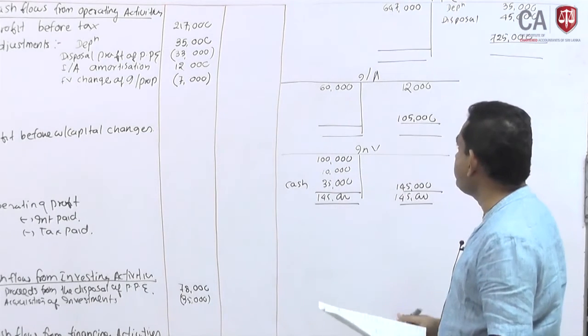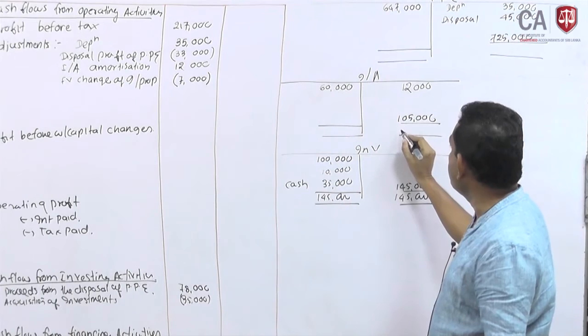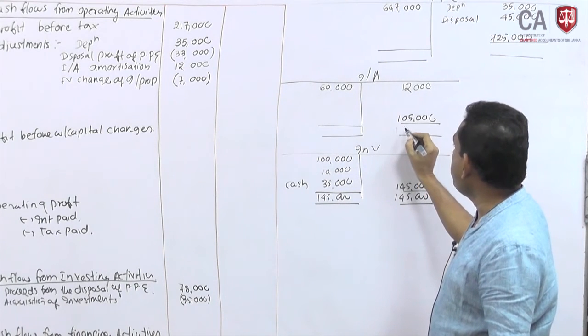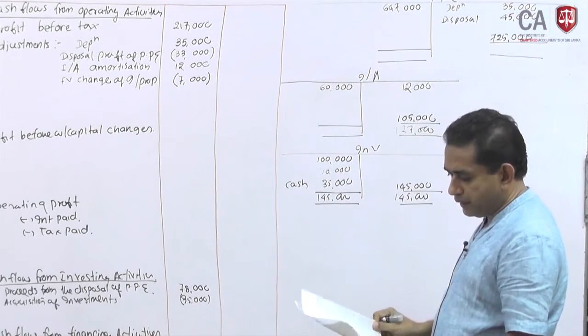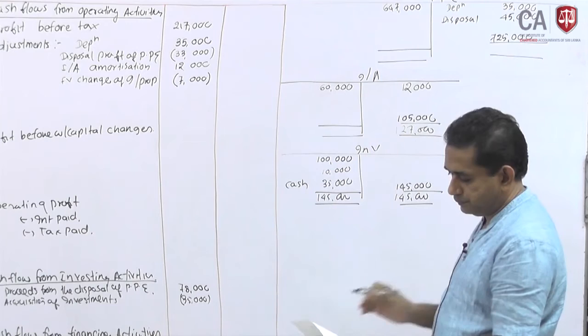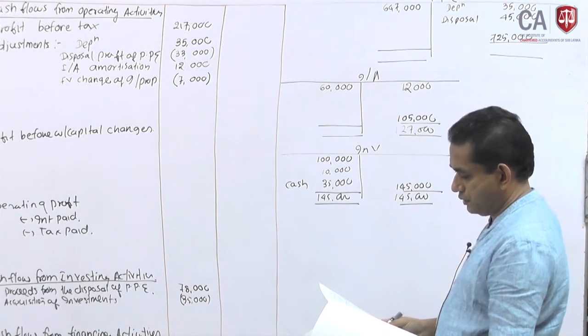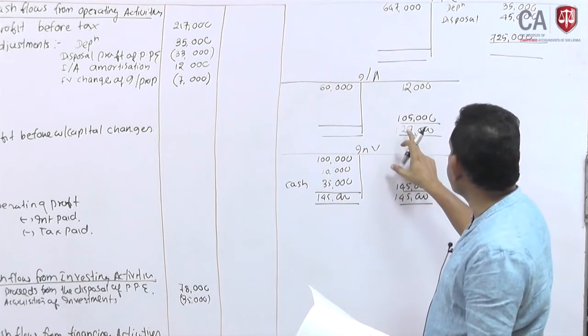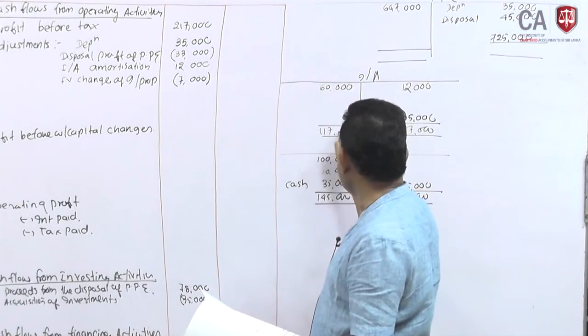Intangible assets, I have taken the figures to an account, so let me close it up. 127,000 intangible assets. It's 117,000, rather 117,000.